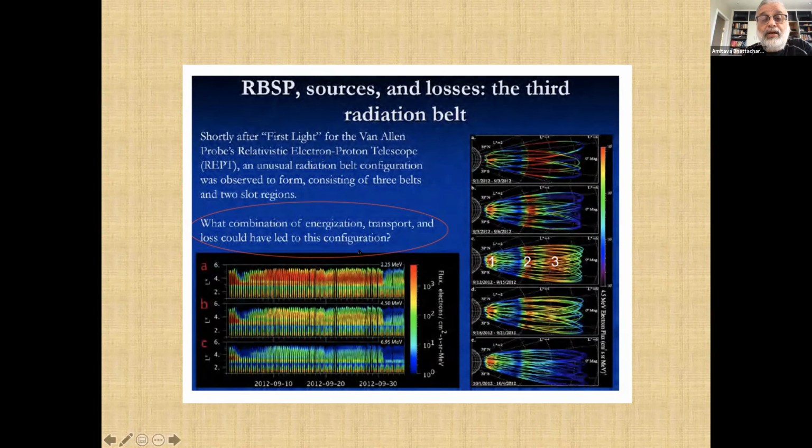I won't dwell on this subject any longer because it will take me off the mainstream of this lecture, but it was good for you to know that thanks to the Van Allen Radiation Probes, or RBSP, we now have a deeper understanding of the belts. We also have very interesting information on what accelerates particles in these belts.